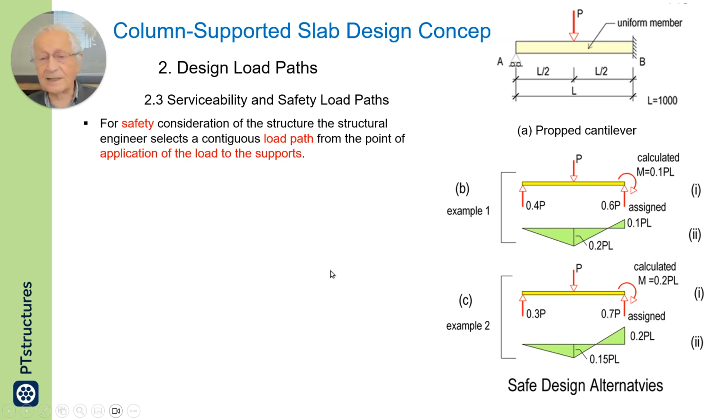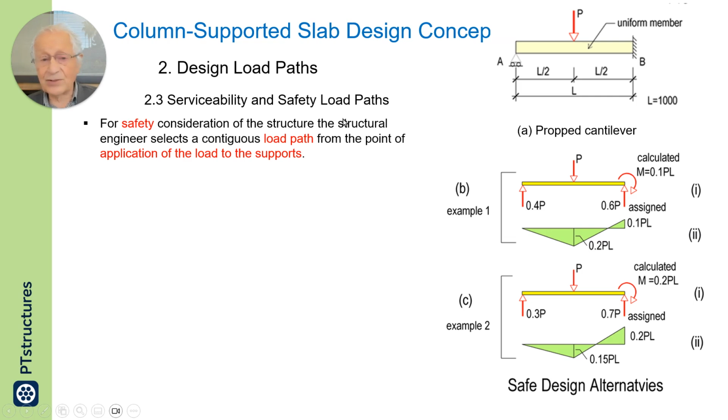Now, let us look at the safety of the structure. For safety consideration, the structural engineer comes into the picture. Before, we had the elastic response being the governing item. Here, the structural engineer is the initiator.